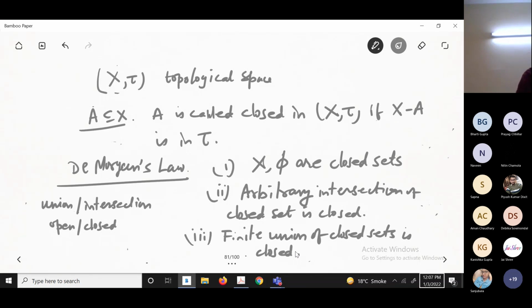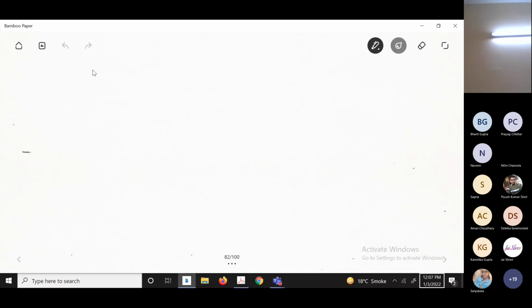Now I am giving some examples of topology. First you see the examples. Look, by definition of topology, X and phi will always have to be in a topology.